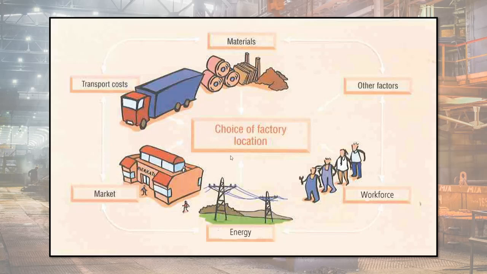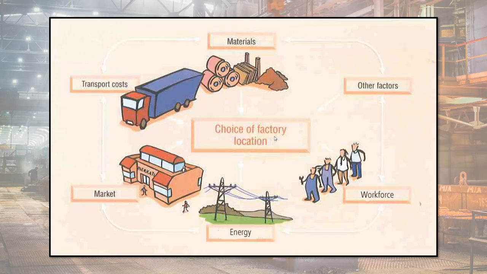So the choice of a factory location takes into account the location of the materials, because remember, what does a businessman want when creating a factory? Money. So if he is able to reduce the cost, he's going to do it.